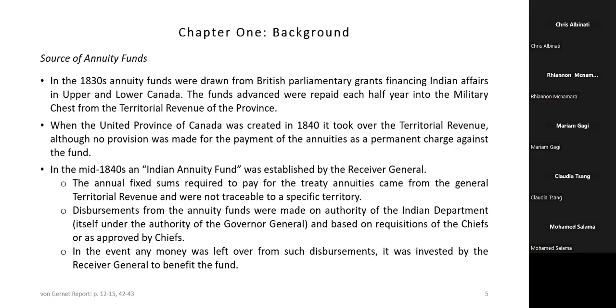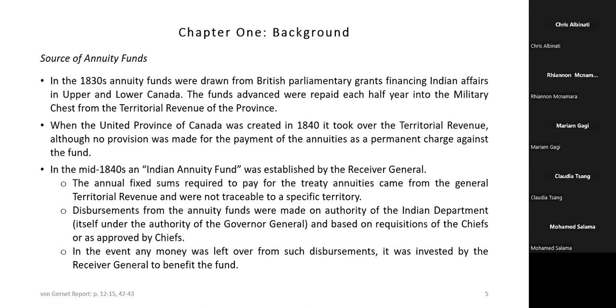So a chief together with an Indian agent would decide how much money they needed that year for a particular purpose. And then there'd be some kind of warrant issued to get these funds from the account. And then if there's any money left over, it was invested by the Receiver General to benefit the band.